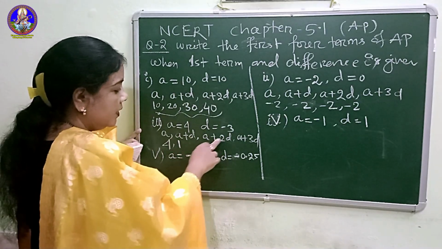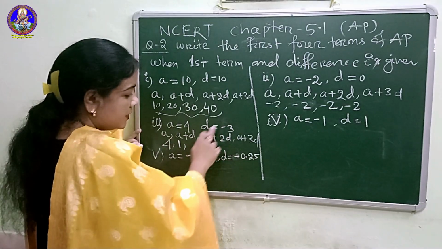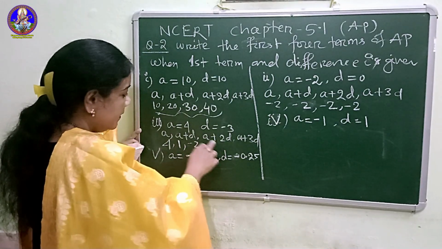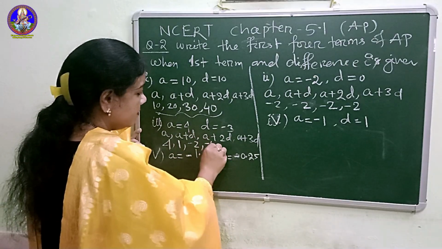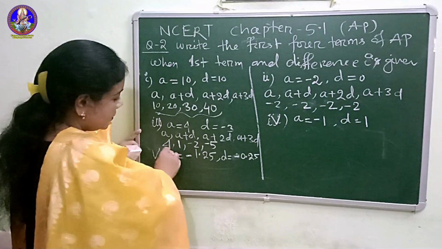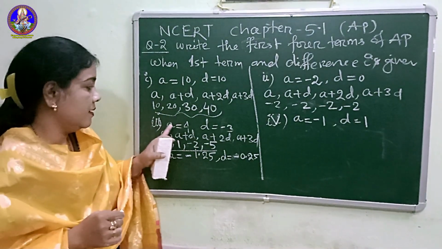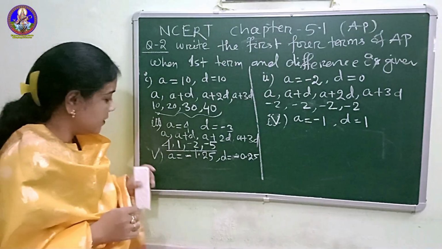A plus 2d means 4 plus 2 into minus 3, that is minus 6, then 4 plus minus 6, that is minus 2. Then 4 plus minus 9, that is minus 5. So these are the 4 terms that I found by putting this formula of AP where a is 4 and d is equal to minus 3.